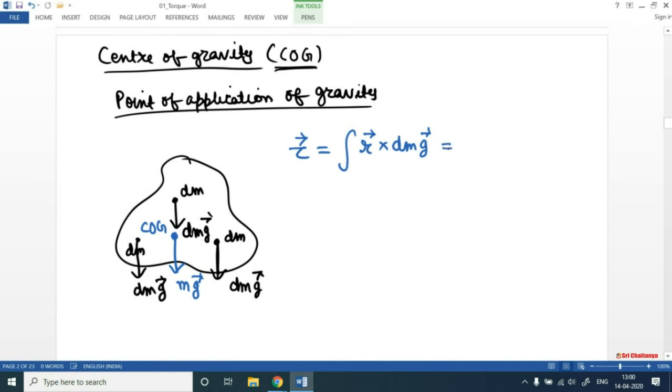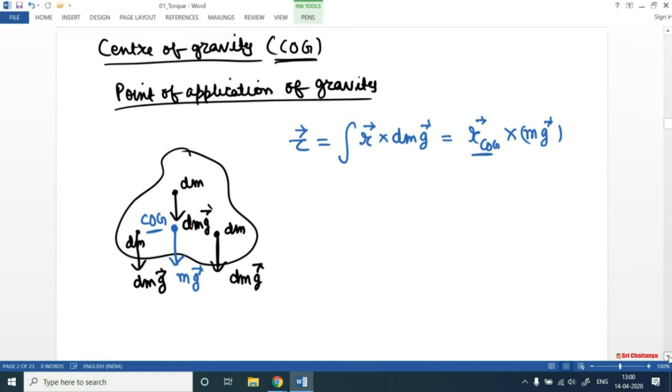And since we have located the center of gravity, that will also be equal to r cog, that is the position vector of center of gravity, cross mg. So solving this relationship will give us the expression for the position of center of gravity.